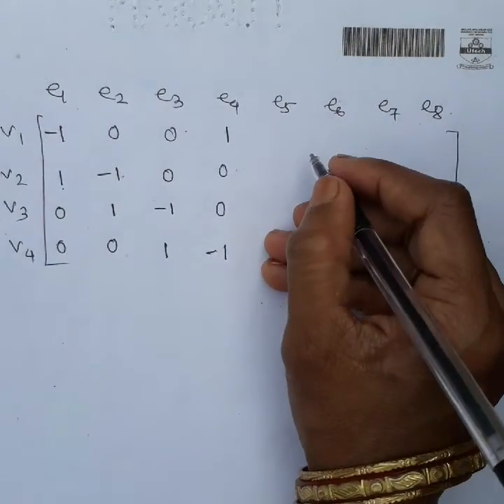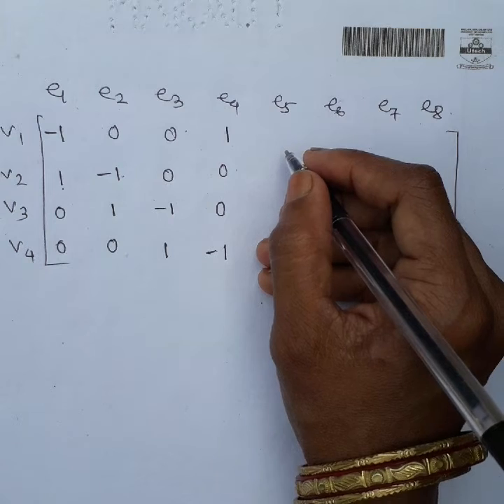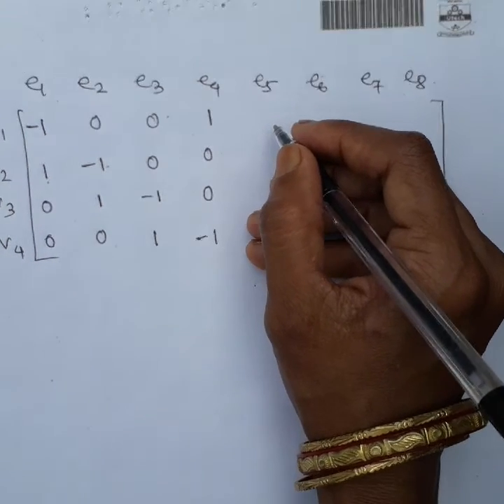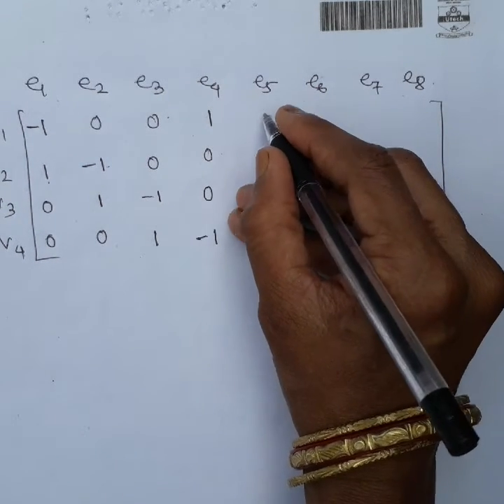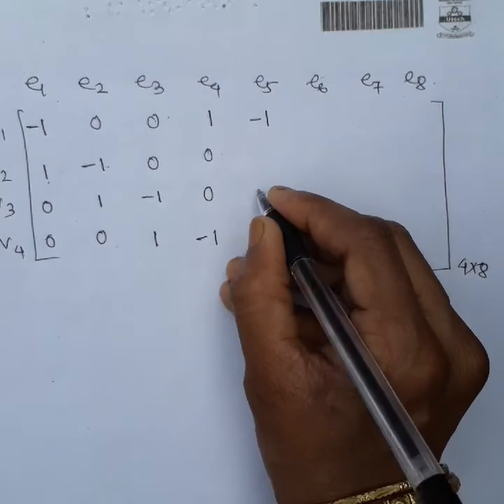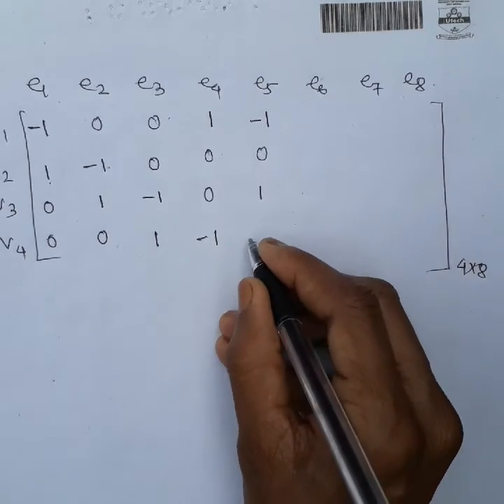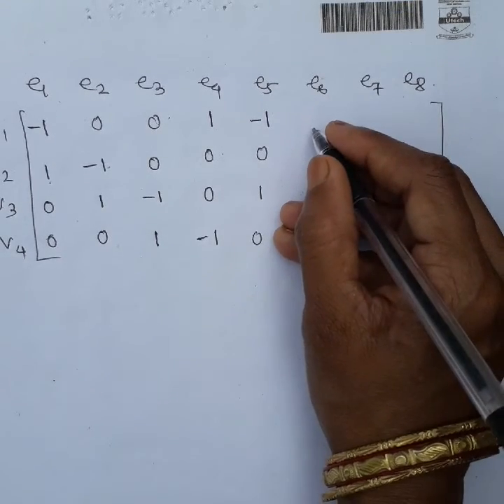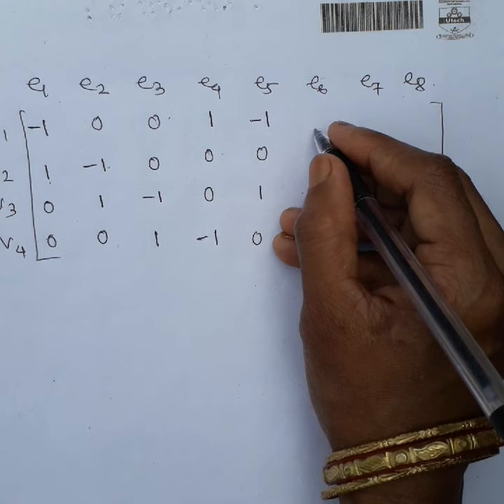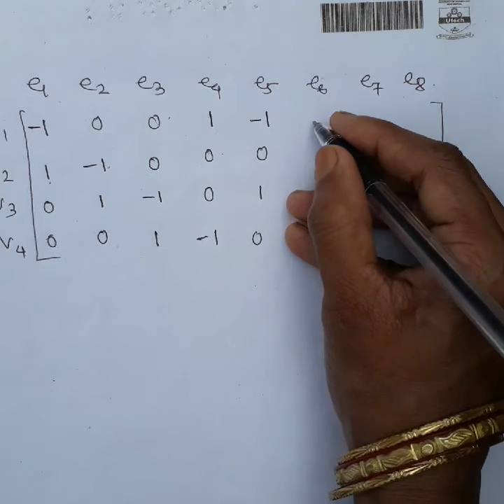Okay. For E5, connected between V1 and V3 and direction towards V1. So the V1 position is -1. E6 between V2 and V4 and direction towards V4.